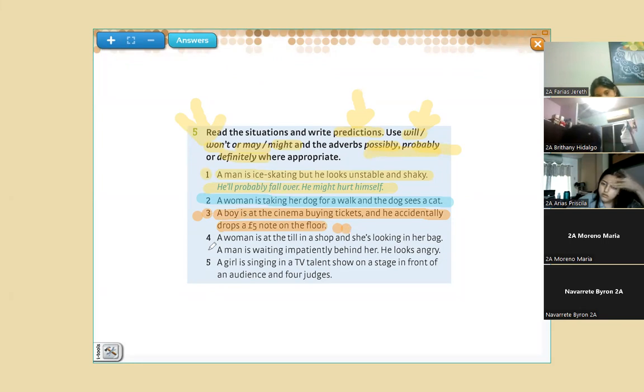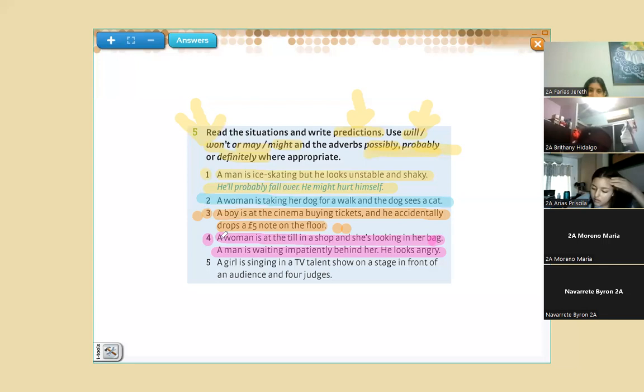So now we go to the number 4, Samantha Cabrera. Samantha Cabrera, number 4. Samantha, wake up. The man is probably angry because the woman is taking too long. Algo así. Nada de algo así. A ver, lee bien lo que tienes que hacer.